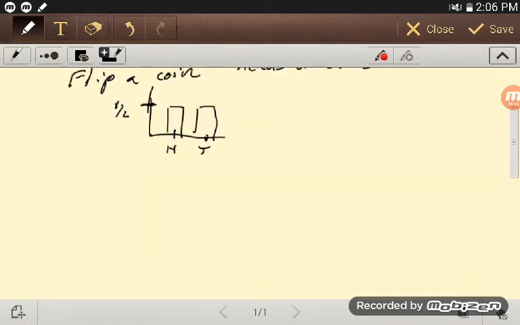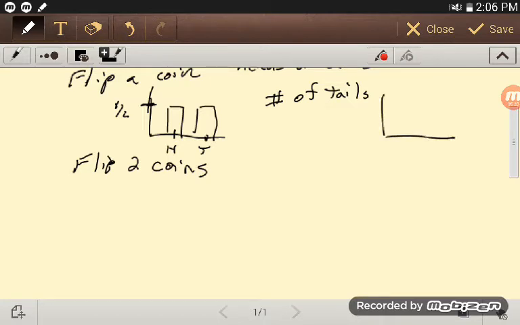Now, I can change this to numerical by, instead of talking about either heads or tails, talking about the number of tails. And in that case, I could either have 0 tails or 1 tail, but it would still look the same here at 1/2.